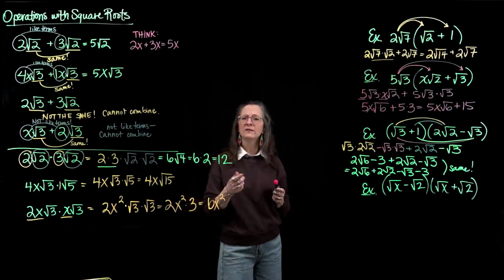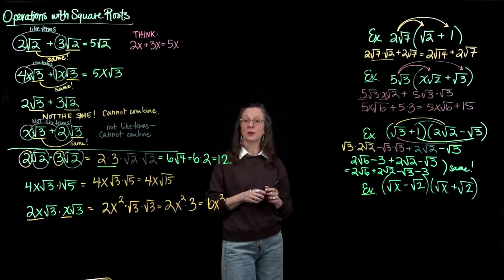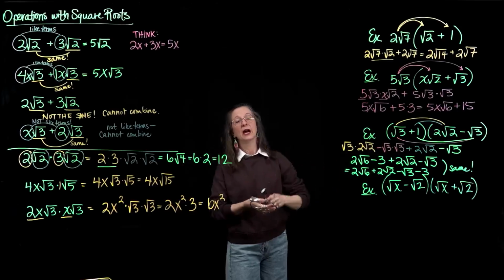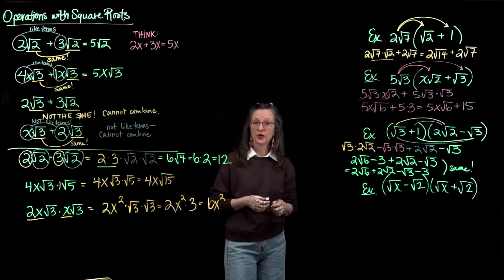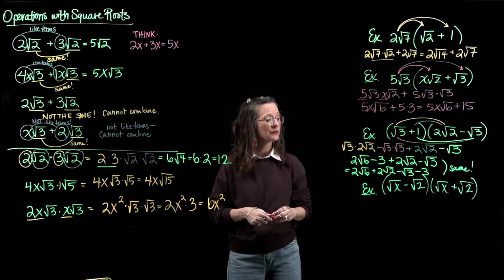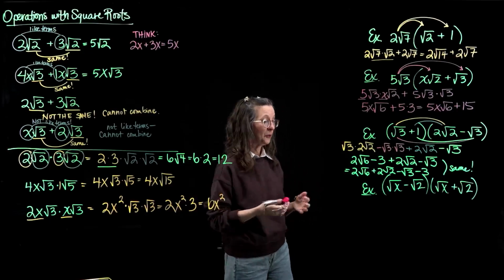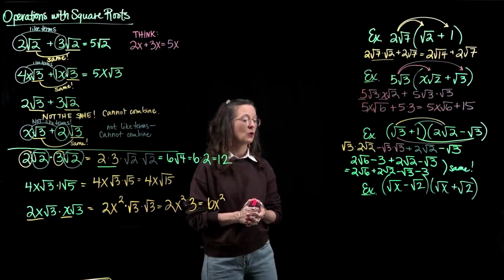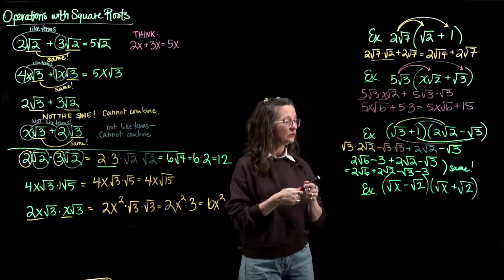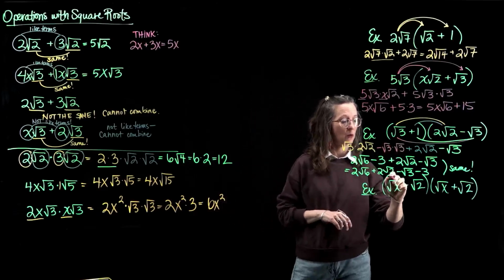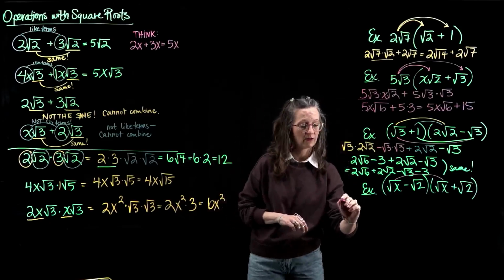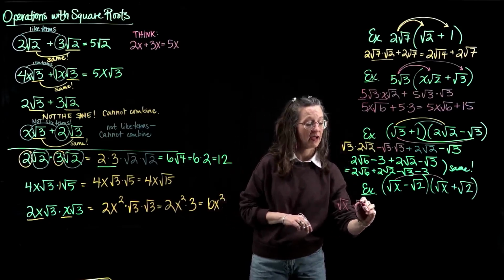All right, I want to finish with one more parentheses problem. And this one I have in parentheses, square root of x minus square root of 2 times, in parentheses, square root of x plus square root of 2. So we are going to FOIL this out. So I'll start the same way. First terms together. So square root of x times square root of x.